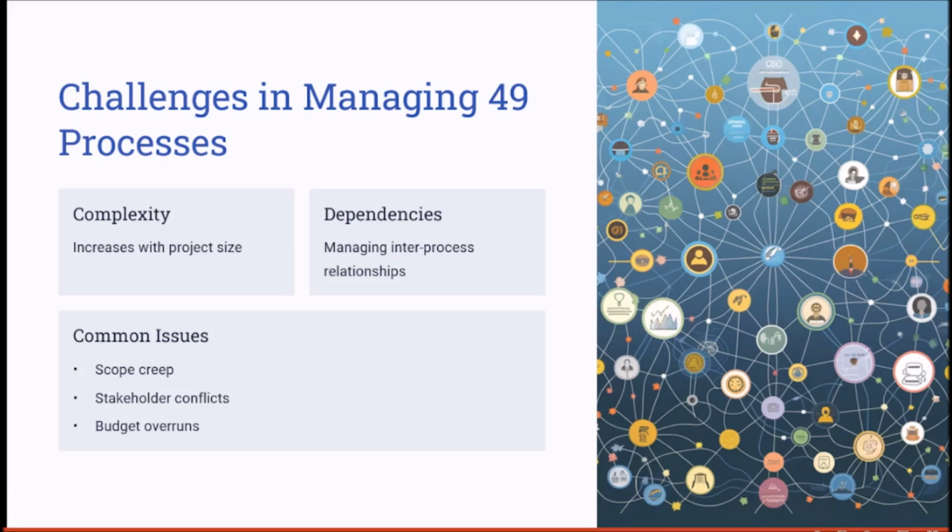To overcome these challenges, project managers must understand the process interactions with each other and adapt their strategies accordingly. To summarize the challenges you might face in managing these 49 processes together: complexity increases with the project size, and managing the dependencies between the processes is crucial.